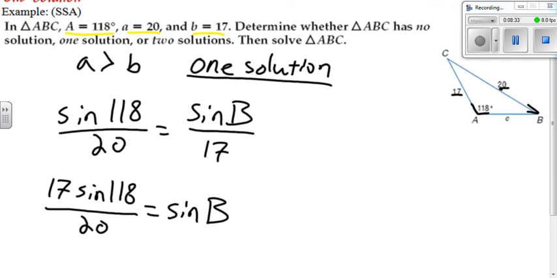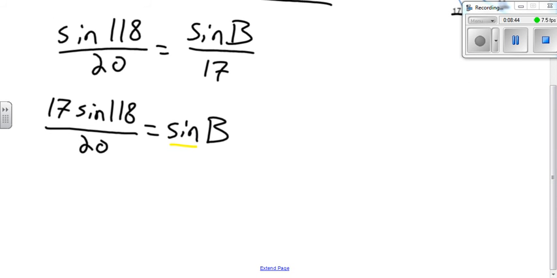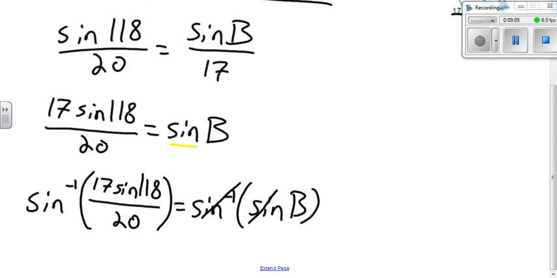Now remember, to get rid of this operation, the trig function sine of B, we need to do the inverse sine, otherwise known as the arc sine. So on a lot of calculators, that'll look like sine to the negative 1, arc sine of 17 sine 118 all over 20 equals, I could write it as arc sine of sine B, but again, because these are inverse operations, they just cancel out.